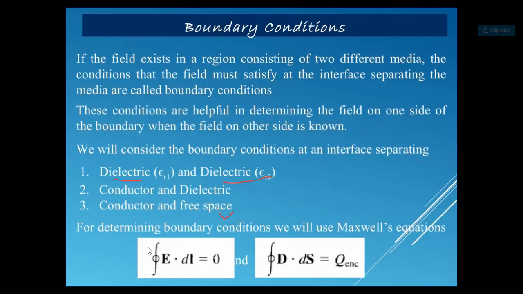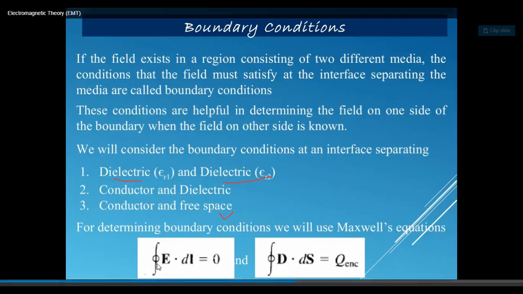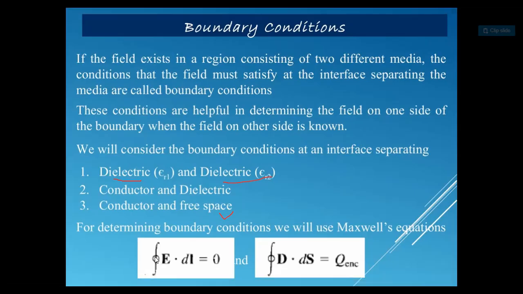The first equation which we will use for the boundary condition is that the integral of the electric field over a closed path is 0, E dot dl over a closed path equals 0.